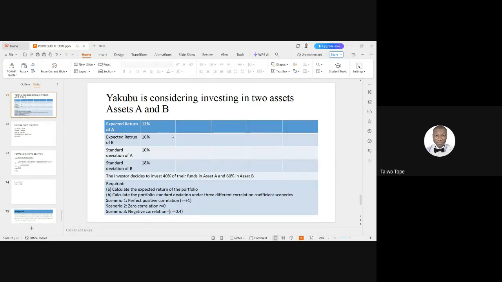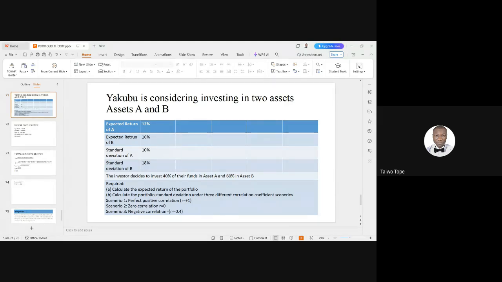The question is, what is alpha? Alpha is actual return or expected return minus computed return. Now, what is computed return?